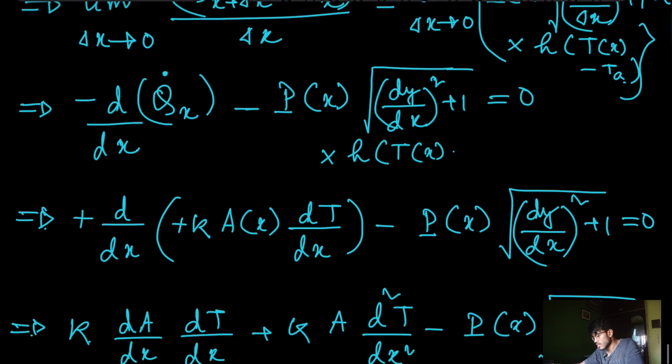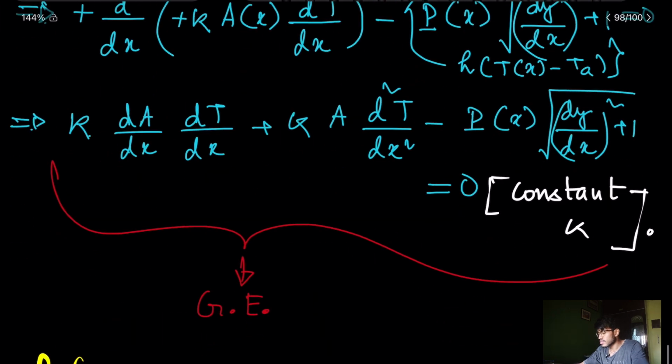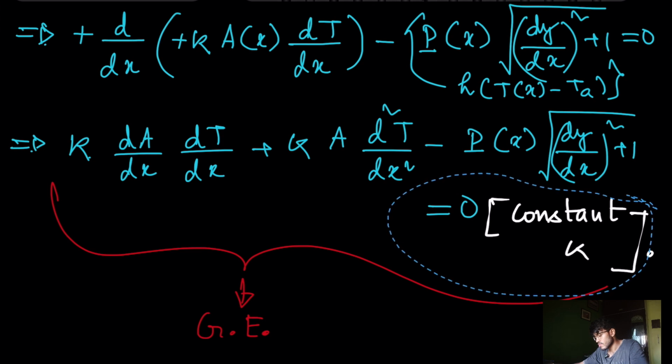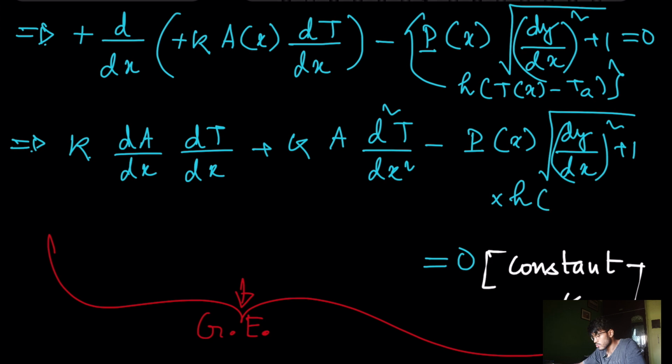H into T(x) minus T_a. Again H into... that is why I was thinking that this equation looks very short. It should be a bit longer. And here also in the final governing equation I should have that H into T(x) minus T_a. Clear?